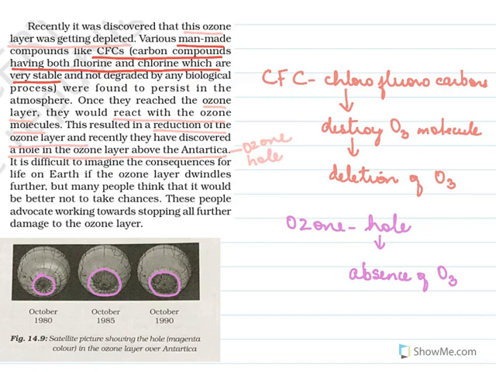It is difficult to imagine the consequences for life on Earth if the ozone layer dwindles, but many people think that it would be better not to take chances. These people advocate working towards stopping all further damage to ozone. Now, what are the ill effects of this depletion? First, the radiations would kill many organisms, many microscopic organisms.